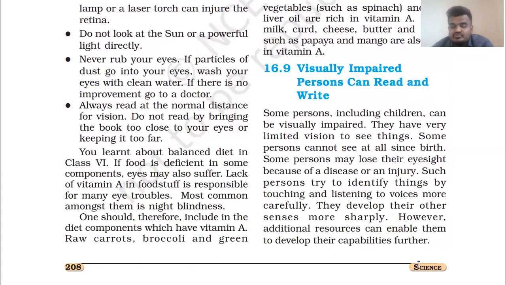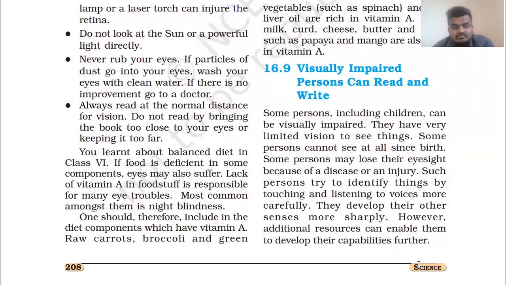Apples and many other foods can give you some vitamin A. The most common trouble amongst them is night blindness. Simply, you are not able to see things after the evening or after the night. One should therefore include in the diet components which have vitamin A.